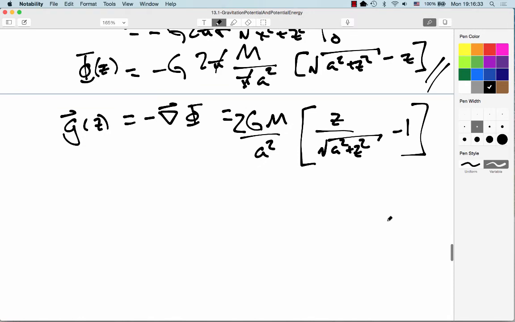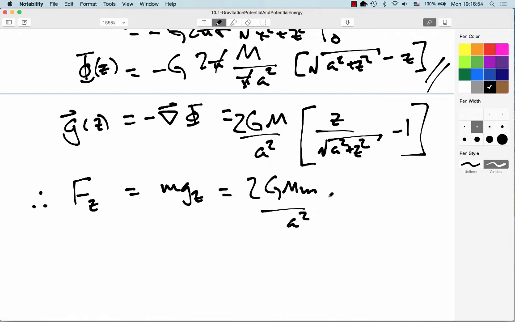So then if I want the gravitational force, well, the z component of it anyway, but if we're on the axis by symmetry, it can only be the z component, is equal to m g sub z. So there you go. It's 2GMm over a squared times z over root a squared plus z squared minus 1.